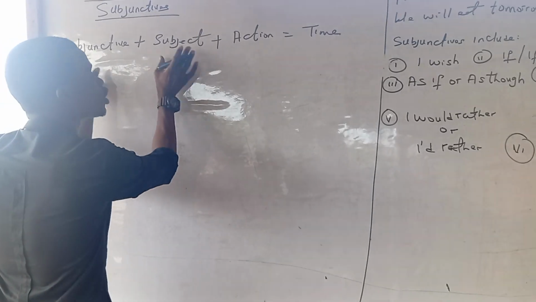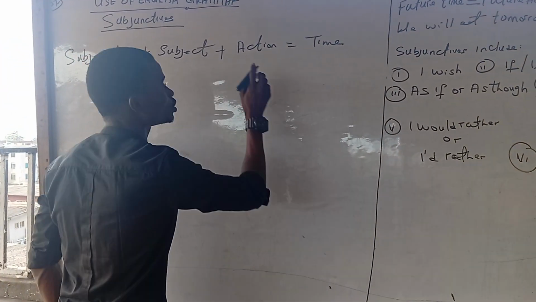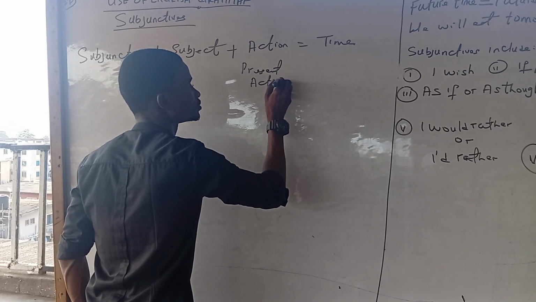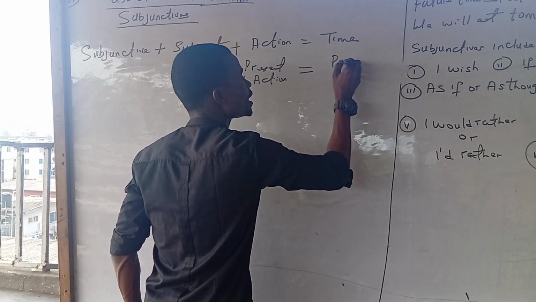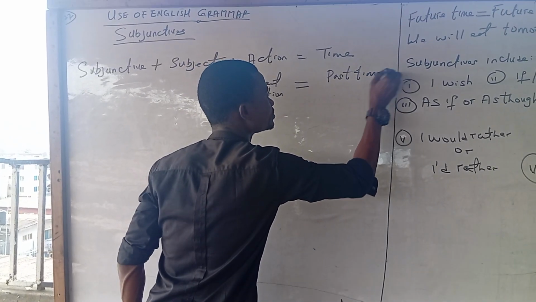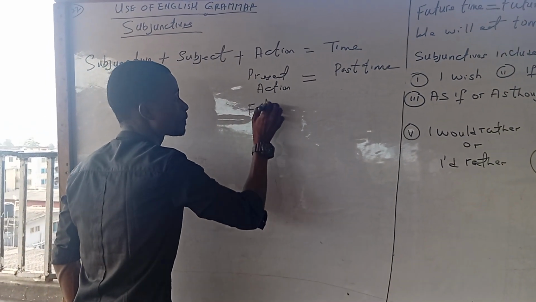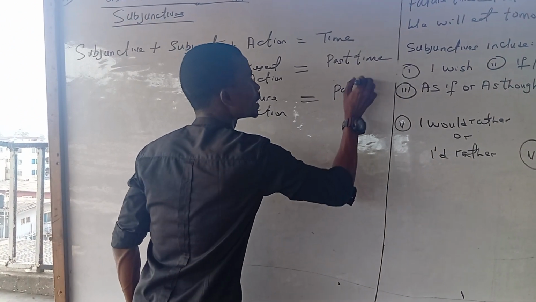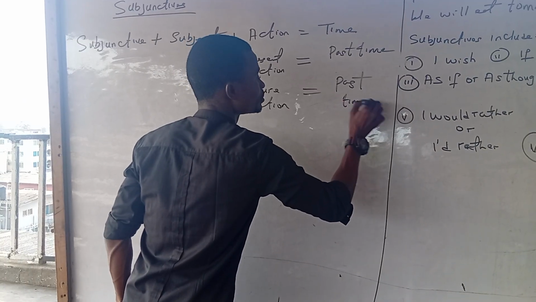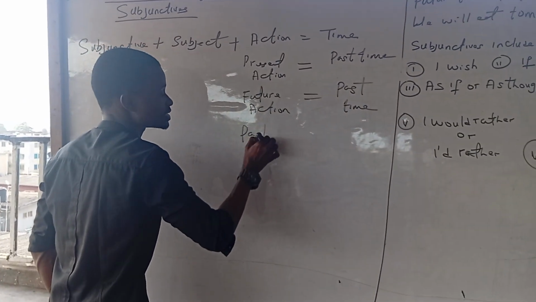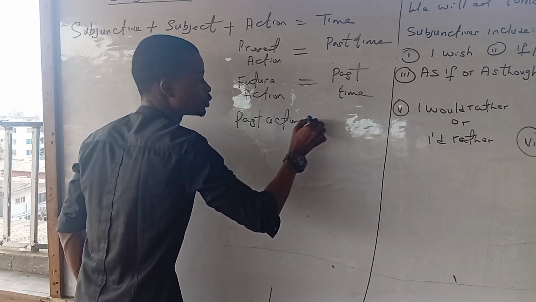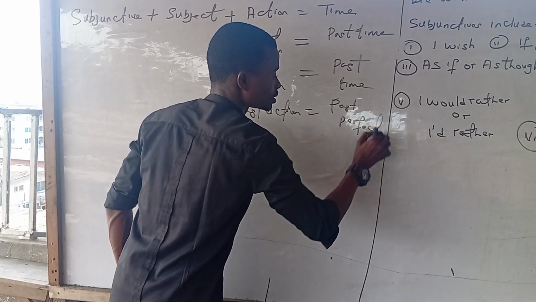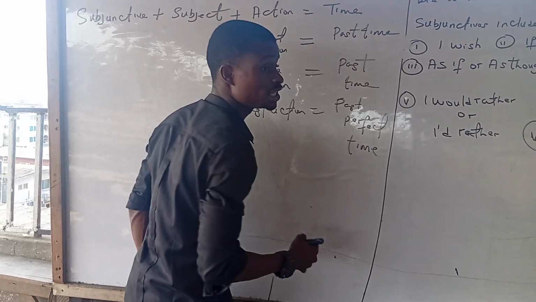And the moment it is coming in this format, your present action will now give you a past time. Your future action as well will also give you a past time. And lastly, the past action will give you a past perfect time, or you call it tense.